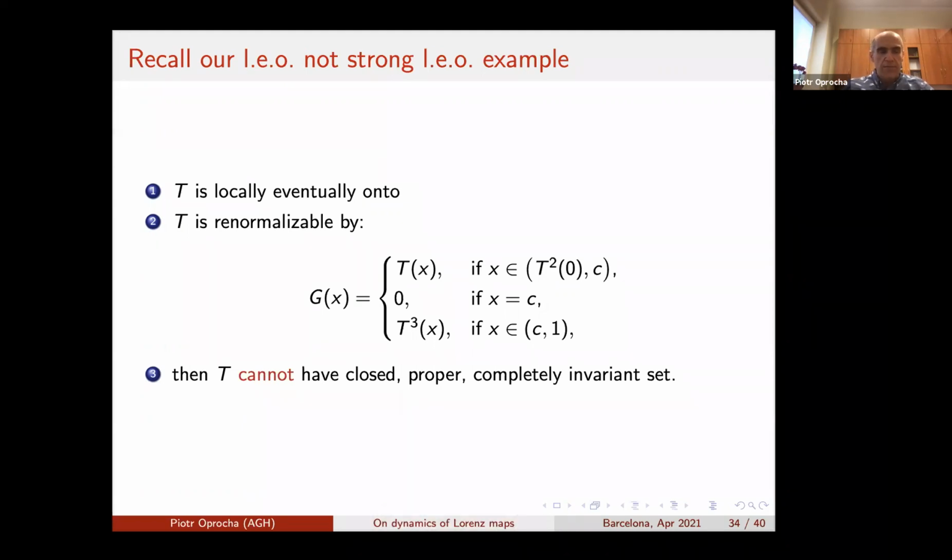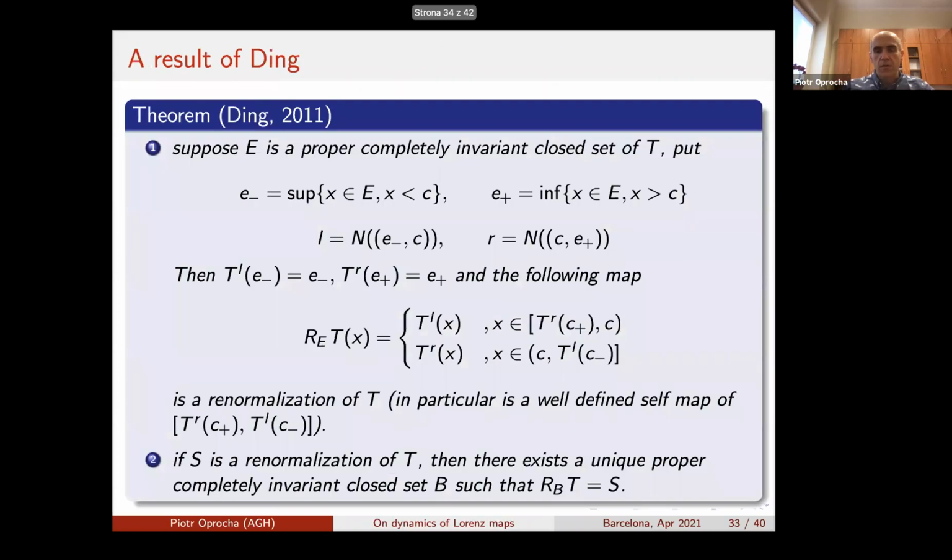By the argument I showed you a moment ago, it doesn't have proper closed completely invariant subsets, but on the other hand, it has renormalization, which we were also able to write down. So if you have this example at hand and you look at this theorem, you see that this second part cannot be true, right?